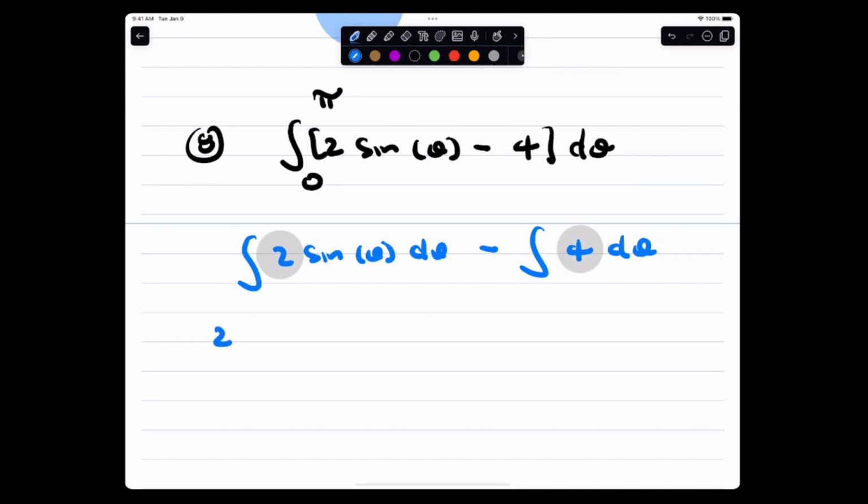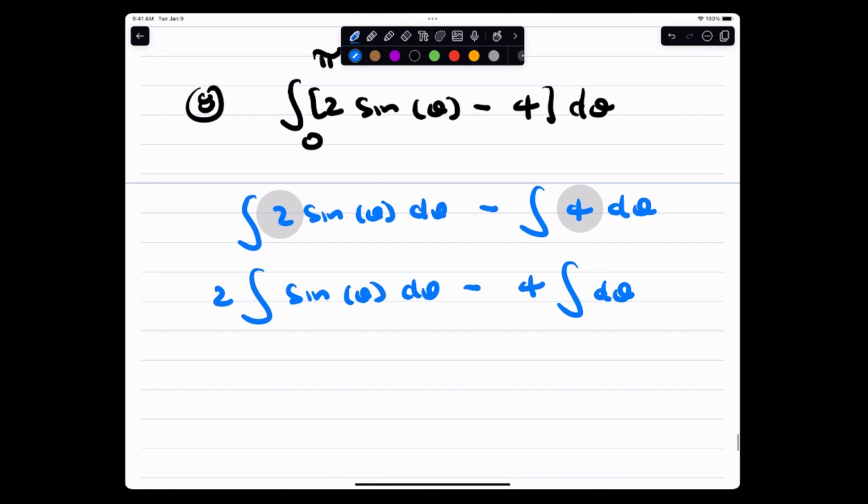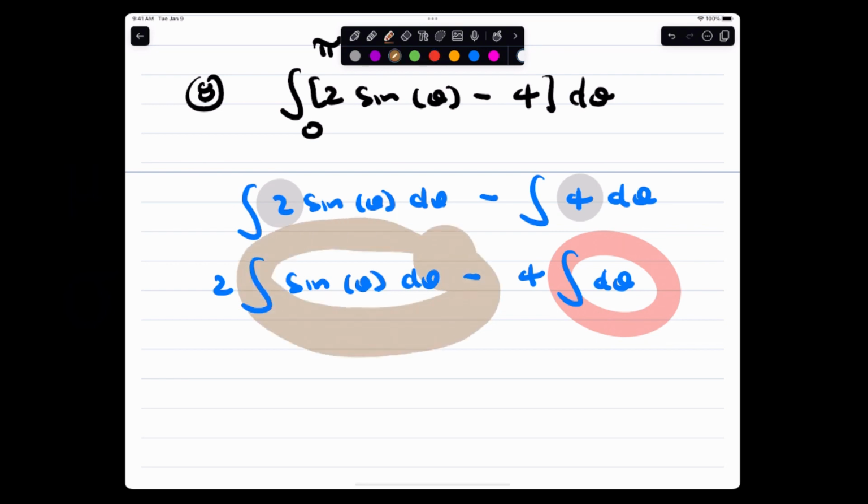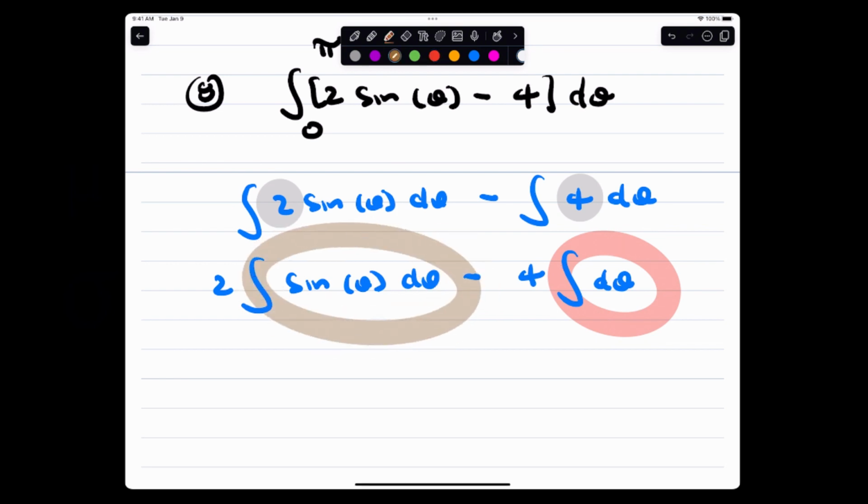So you're going to get now 2 sine theta d theta minus 4. Oh, didn't I say that shows up a lot? That shows up a lot. Okay.